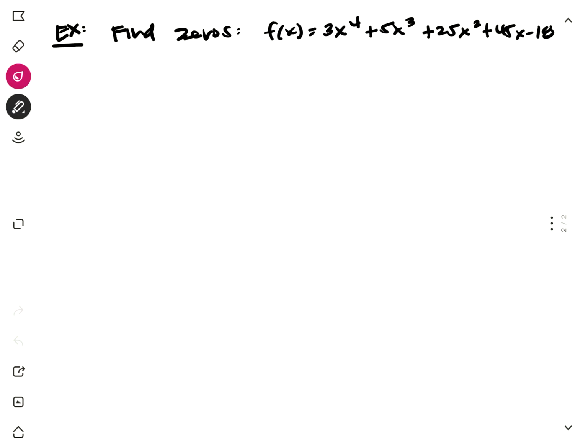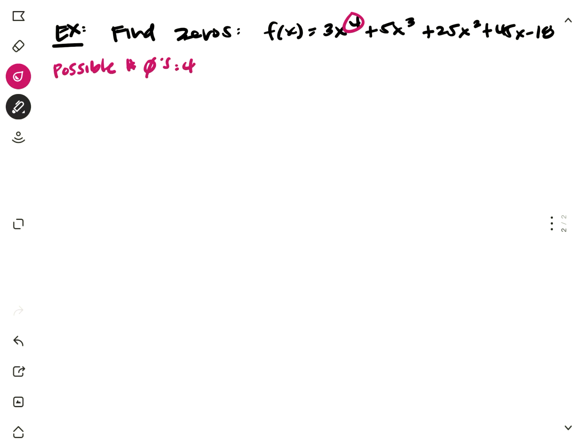If you recall, the last time, the first thing we did was determine how many zeros we could have possibly. The possible number of zeros is 4, because that's our highest degree. Then we also said we want to find all the combinations of zeros.